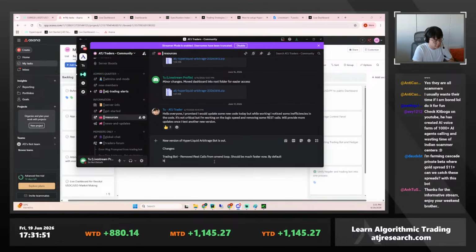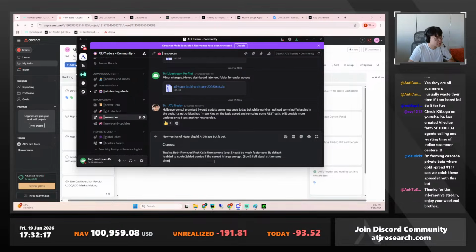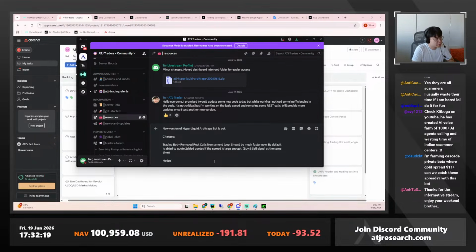By default it is able to quote two-sided quotes if the spread is large enough, which means buy and sell signals at the same time. So these are the changes for the trading bot.